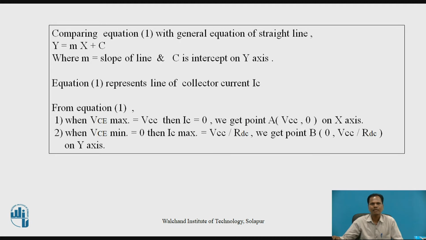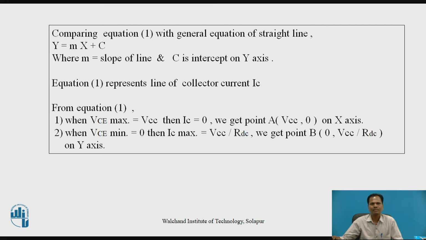From equation number 1, we can consider the extreme conditions for output collector to emitter voltage and output collector current. Let us consider minimum and maximum values for collector to emitter voltage and output collector current.